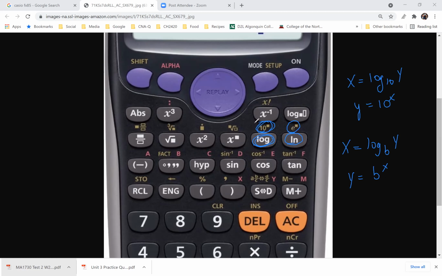That's what the calculator is saying. Same thing. So for a natural logarithm, x equals ln y, y will equal e to the power of x. And again, that's what your calculator is saying. So if you forget this on a test or something, you can use your calculators to help you. I'm a big fan of calculators and letting them help us.